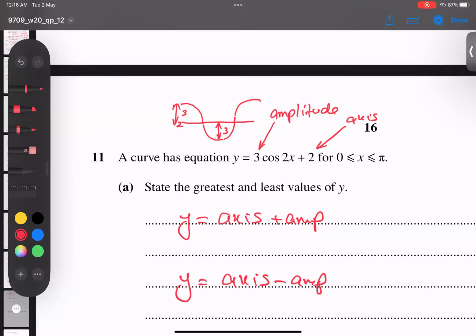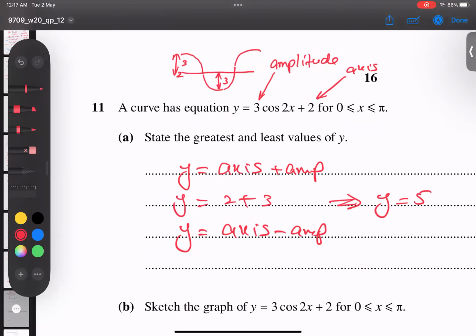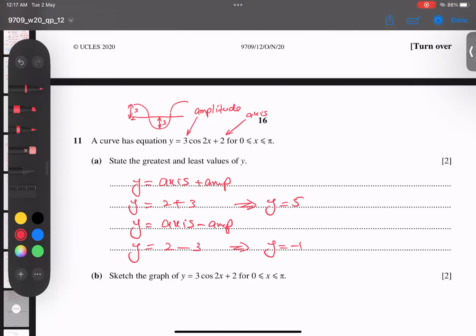I have two techniques, I will tell you both. The axis here is 2 and the amplitude is 3. So the highest value we get from here is 5. And the axis again is 2 and the amplitude is 3, so going negative, it means -1. So this is called the largest or greatest value.